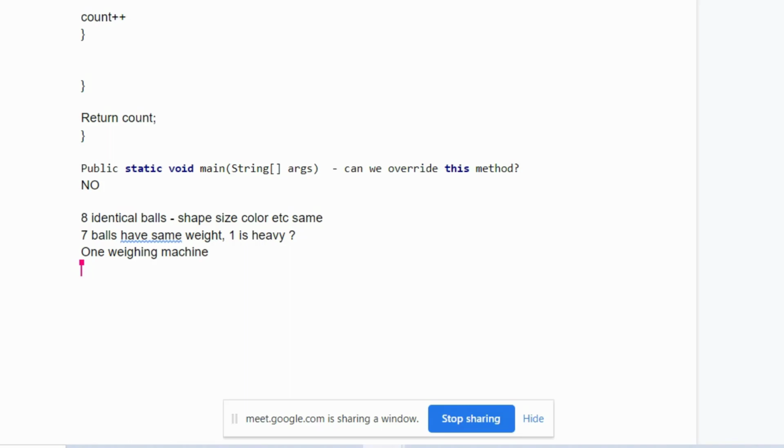Yes, your question is how many times I am going to use the machine so that we can figure out the heaviest ball, using it as few times as possible.